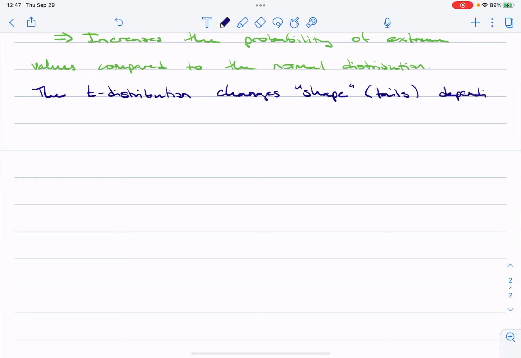Or maybe I'll say depending on the degrees of freedom. Let's just call it what it is. You guys are ready for that. Right. Which often depends on the sample size.